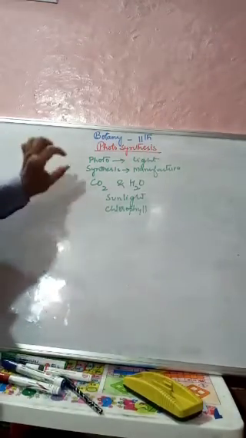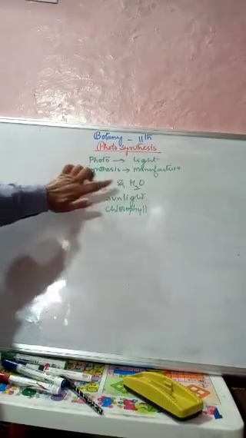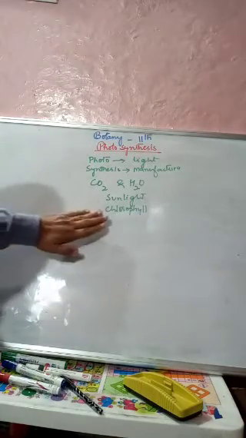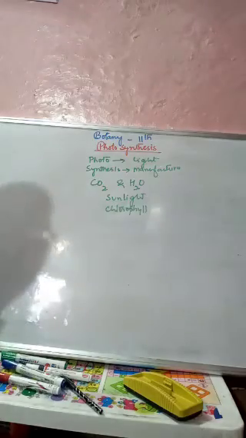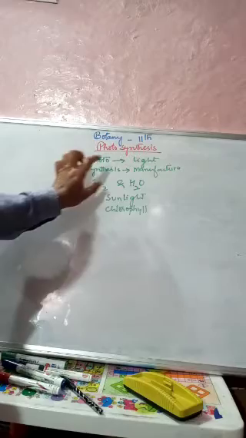So these organisms, mainly the green plants, make use of carbon dioxide and water, and in presence of the sunlight and chlorophyll, these inorganic substances combine together and form the carbohydrates, that is the food which we eat.